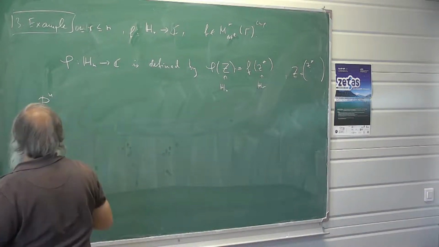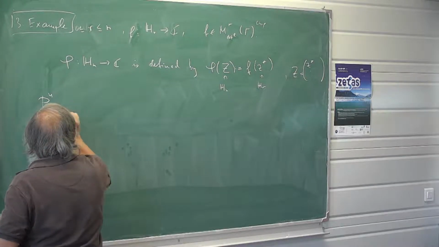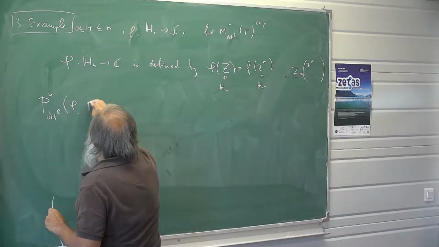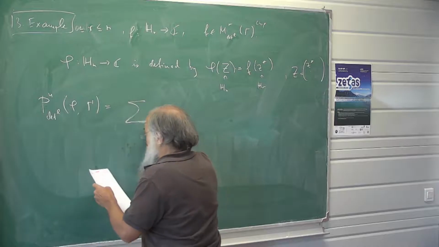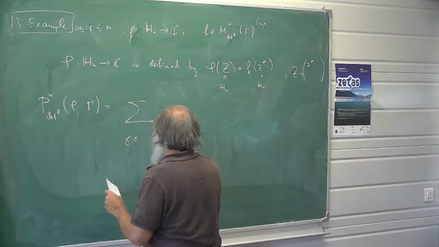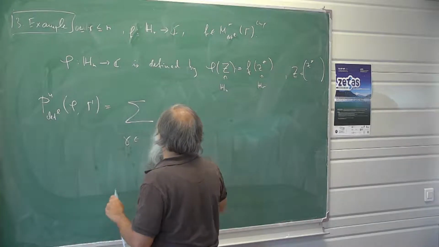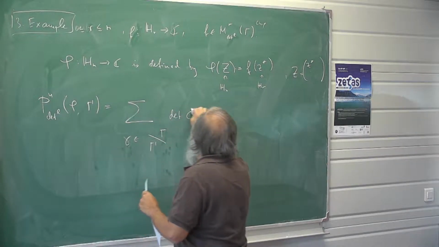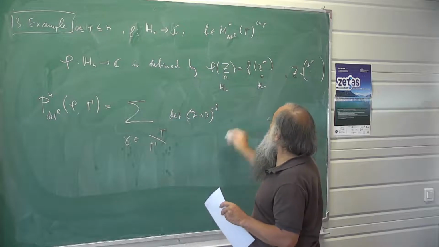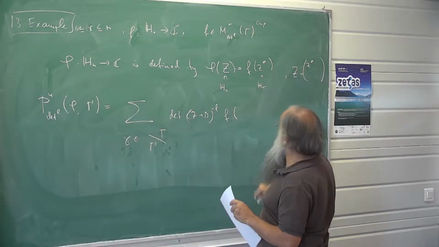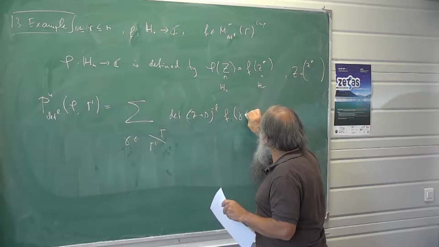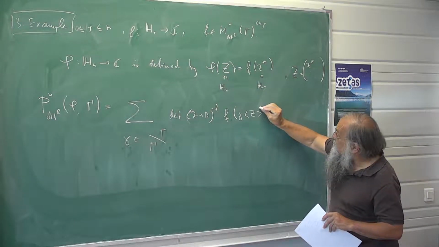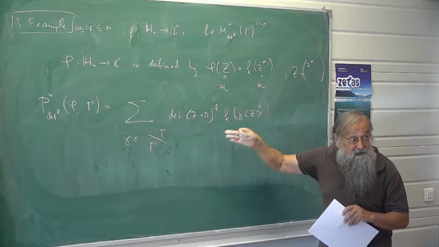So what is my P_n,r of phi? This is then just the sum over gamma in gamma prime of determinant (CZ plus D) to the minus L. I take my F, apply gamma to Z, and then I take the upper left block of what has arrived from this.